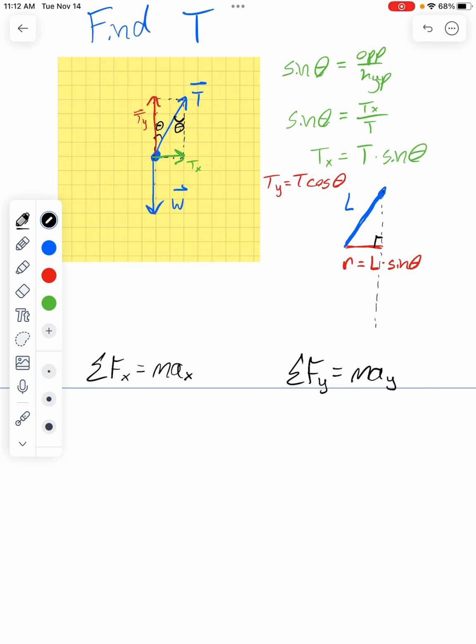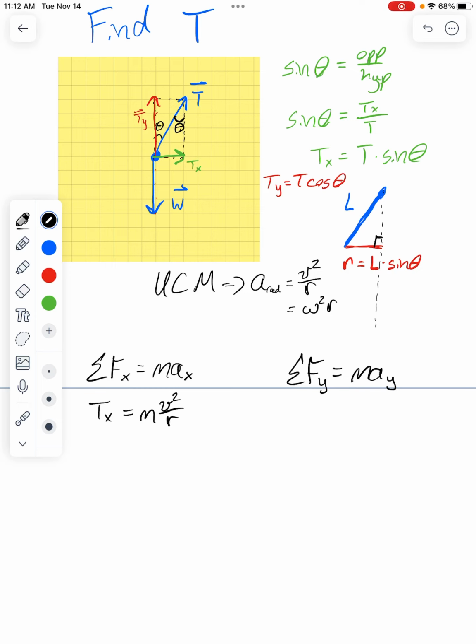In the x direction, the only force is the x component. And the acceleration, remember, anytime we have uniform circular motion, if we have circular motion at a constant speed, then that tells us that the radial acceleration is going to be v squared over r, or, if we prefer, omega squared times r. We're going to use v squared over r for this.